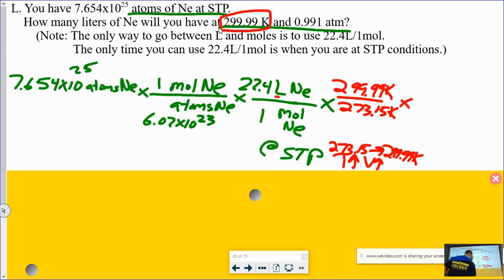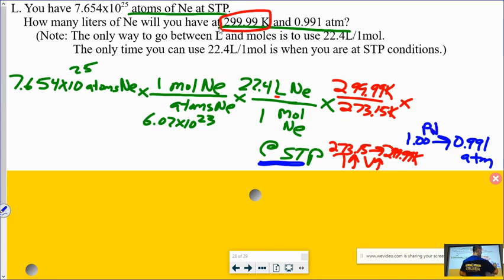Multiplication sign. Pick a different color. So again, when we use this, we are at STP, and that is 1 atmosphere. So we're going to be going from 1 atmosphere to 0.991 atmospheres. So our pressure is going down. That's our external pressure going down. So our internal volume should go up.